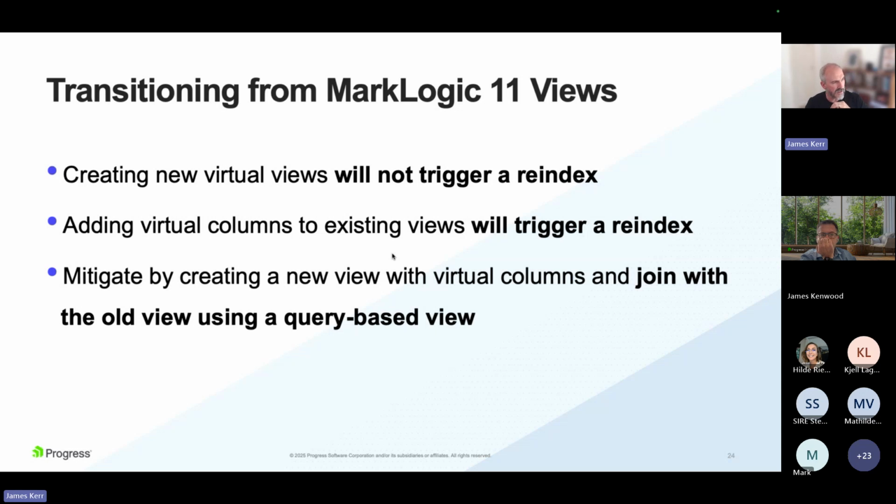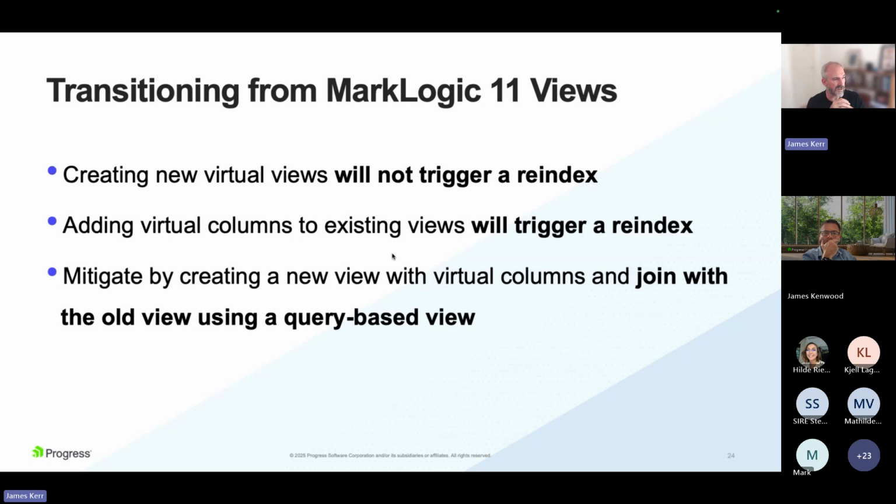But there's a little trick you can use to transition from 11 to 12: you can create new views, which are virtual, and then join those together with your existing MarkLogic 11 materialized views. The performance is basically the same.